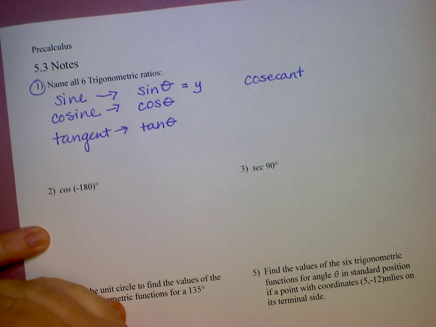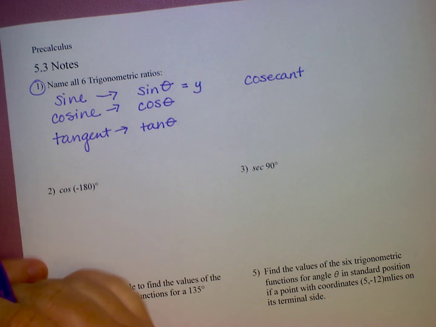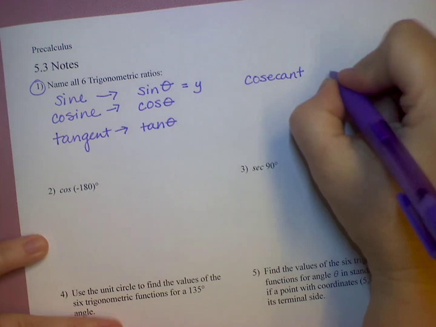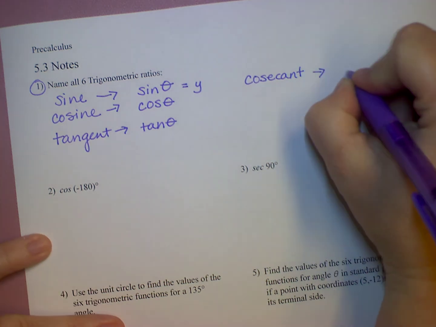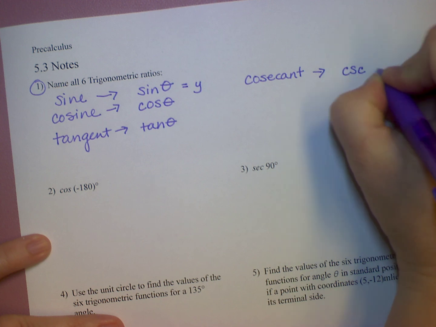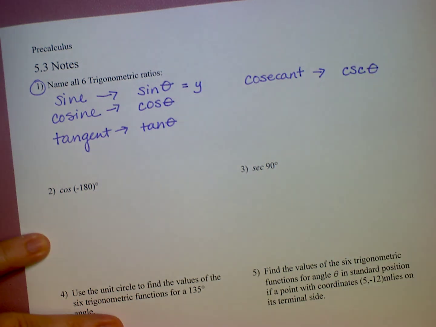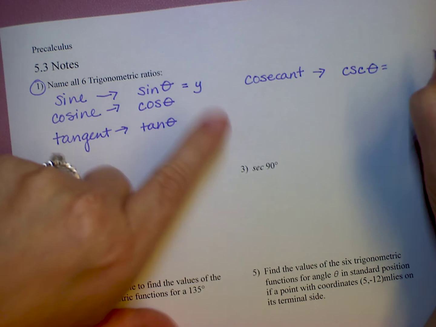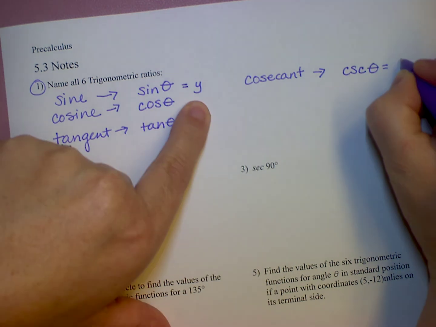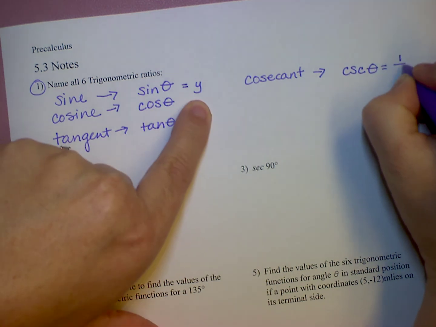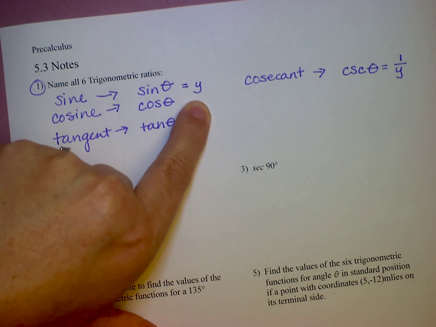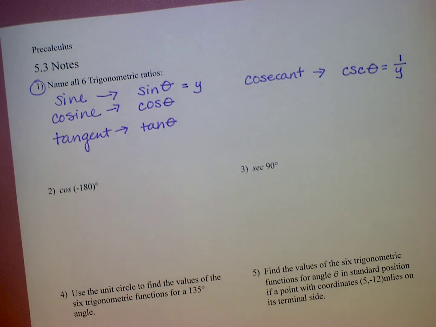It's called cosecant, and cosecant is abbreviated CSC theta. If sine of theta is equal to y, cosecant is the reciprocal, also known as 1 over y. So if I know the sine value of an angle, to find the cosecant, I just do the reciprocal.